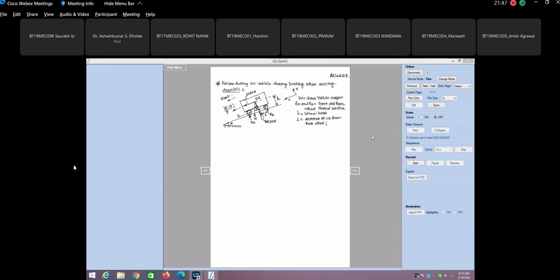Basically this is the perpendicular distance. Then FR, which I have not shown, we will discuss this. FR is equals to braking force at rear wheels.